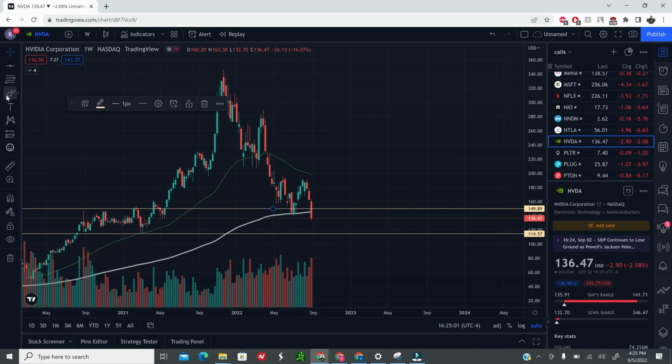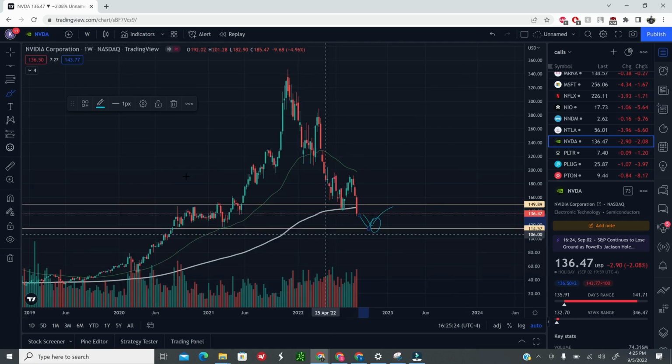So if there is a bounce, any form of bounce, I would expect anywhere around 120. That would be your first zone where you can think about long side trading, but you need to be careful if this breaks, which I don't see breaking anytime soon.